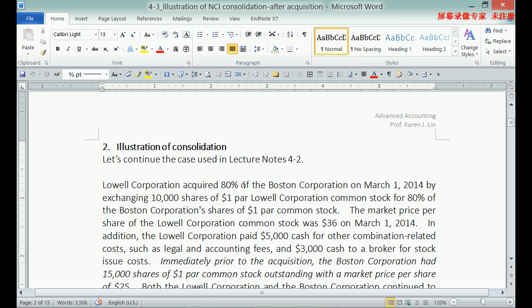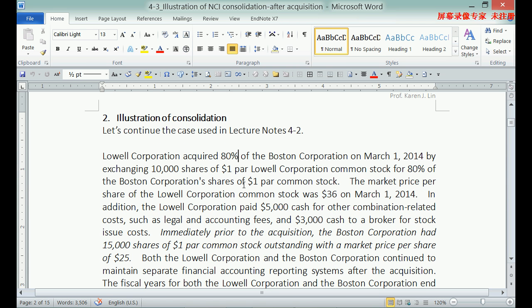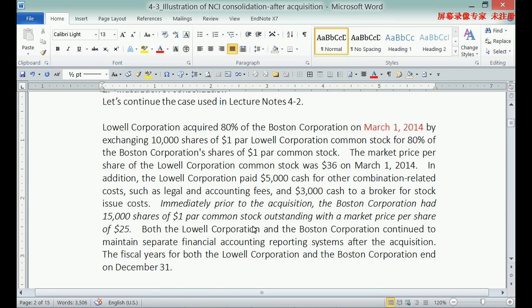Lowell Corporation acquires 80% of Boston Corporation on March the 1st, 2014 by exchanging 10,000 shares of $1 par of Lowell's common stock for 80% of the Boston Corporation shares of $1 par. The market price per share for Lowell Corporation was $36 on the date.